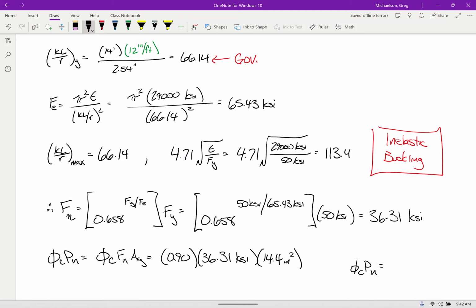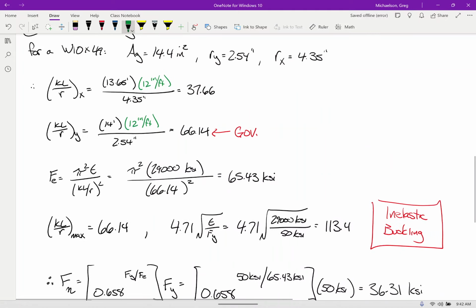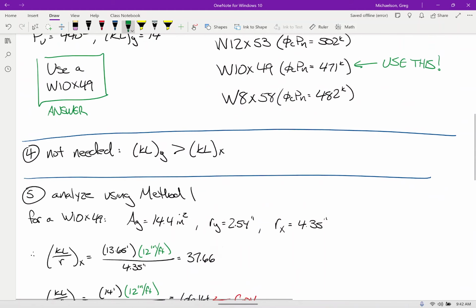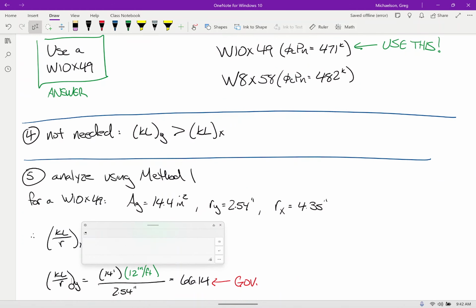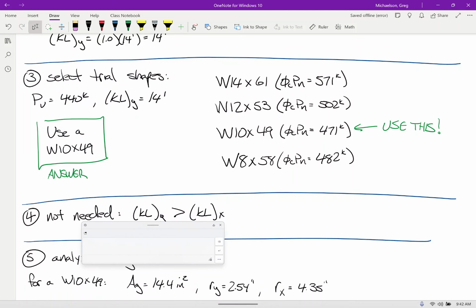What do we get for phi Pn? So we'll call it 470.6. Is that fair? What was the capacity according to method 2? 471. I mean, that's our capacity right here, right? 471.